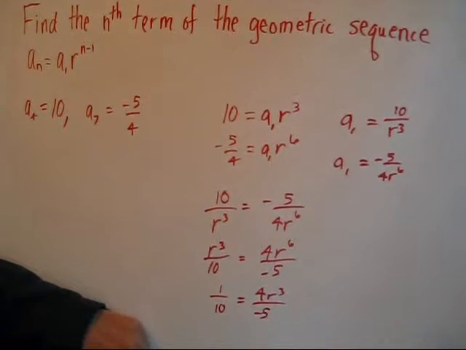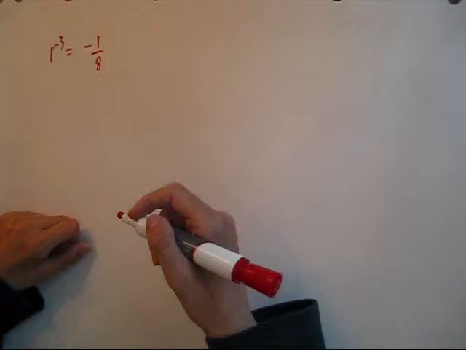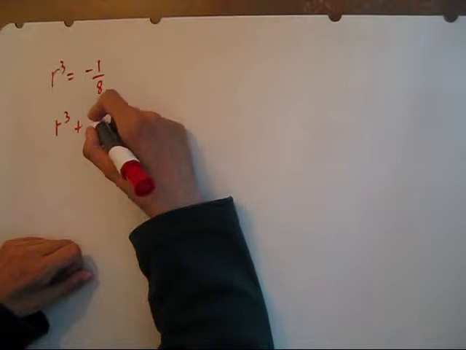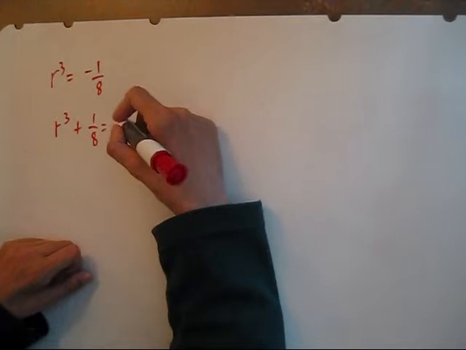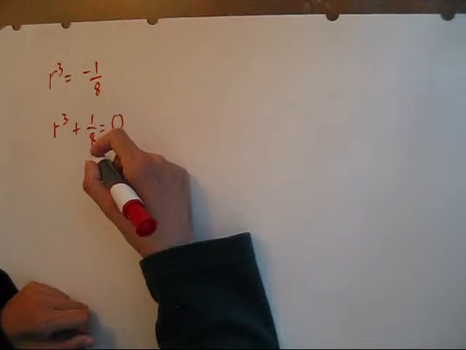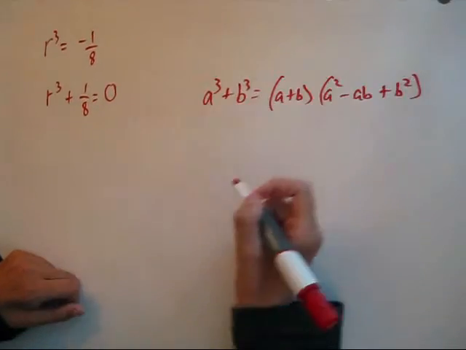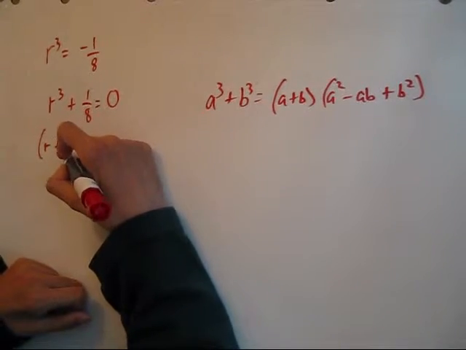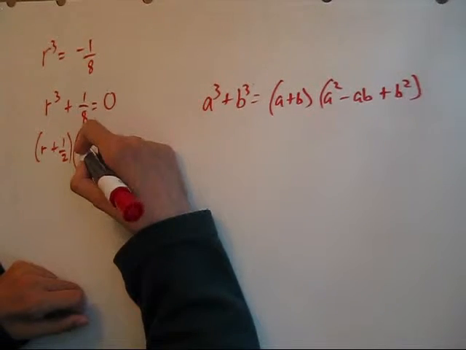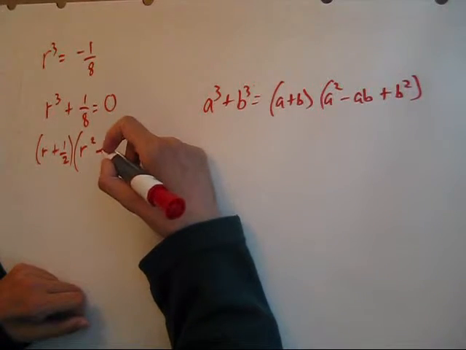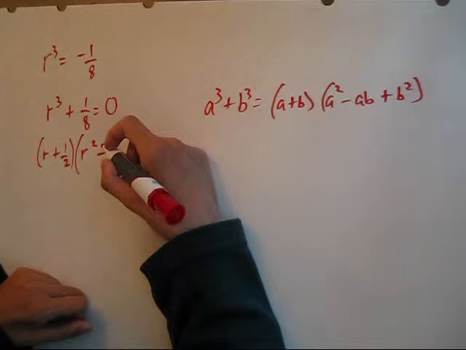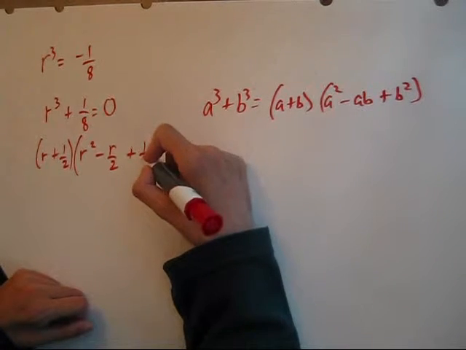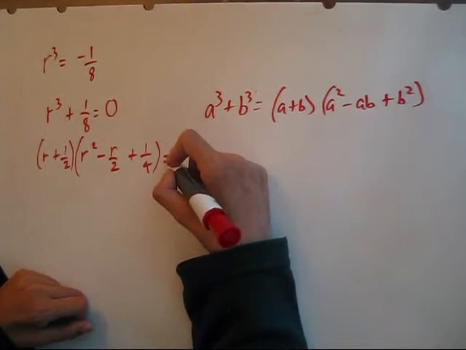Let's go ahead and solve for r cubed. Alright, so let's get one side to 0. r cubed plus 1/8 equals 0. And we have the sum of cubes. So we will have r plus 1/2 times r squared minus r over 2 plus 1/4 equals 0.